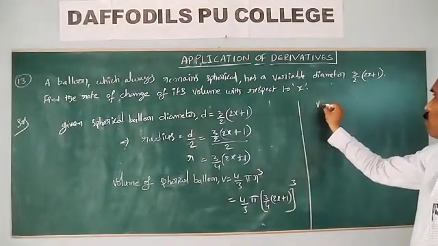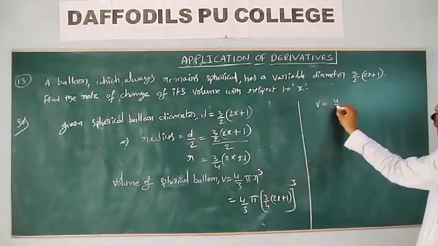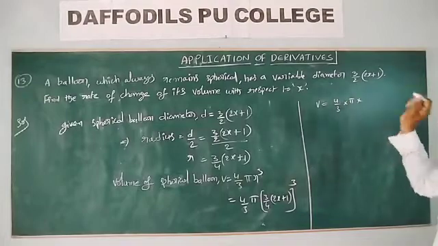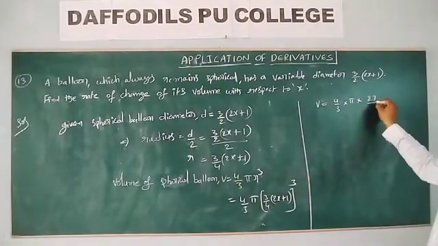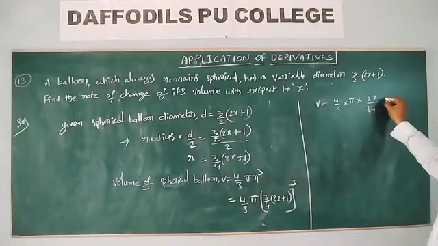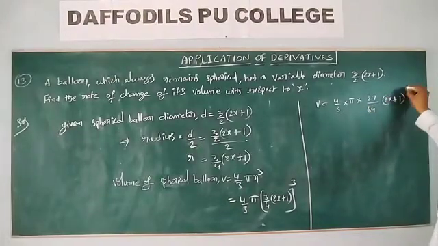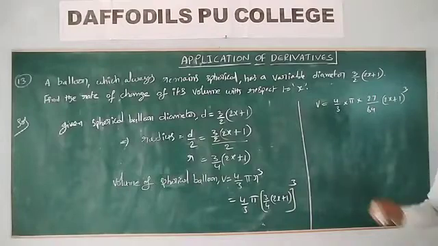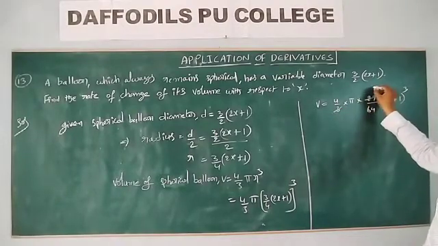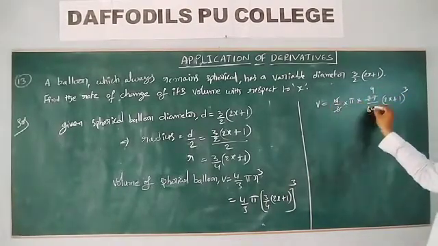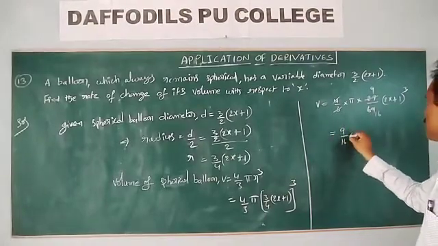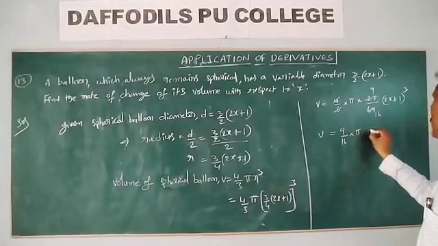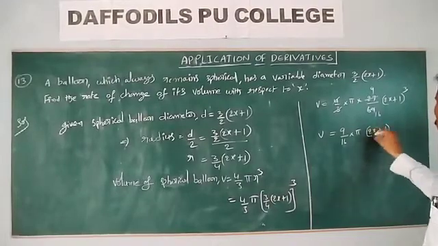That implies V is equal to 4 by 3 into pi into the whole cube of 3 by 4 times 2x plus 1, which means this is 27 by 64 times 2x plus 1 whole cube. 3 threes are 9, 4 fours are 16. So that implies V is equal to 9 by 16 into pi into 2x plus 1 whole cube.